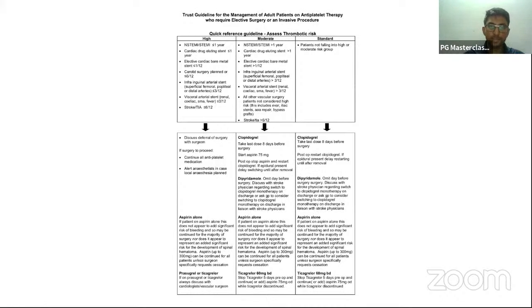High risk patients, for example: NSTEMI or STEMI episode less than 1 year ago, cardiac drug eluting stent given less than 1 year ago, elective cardiac stents, carotid surgeries, stroke, visceral arterial stents. We might have to defer the surgery, or we will have to continue all the antiplatelets and take the high risk consent in all of these patients.